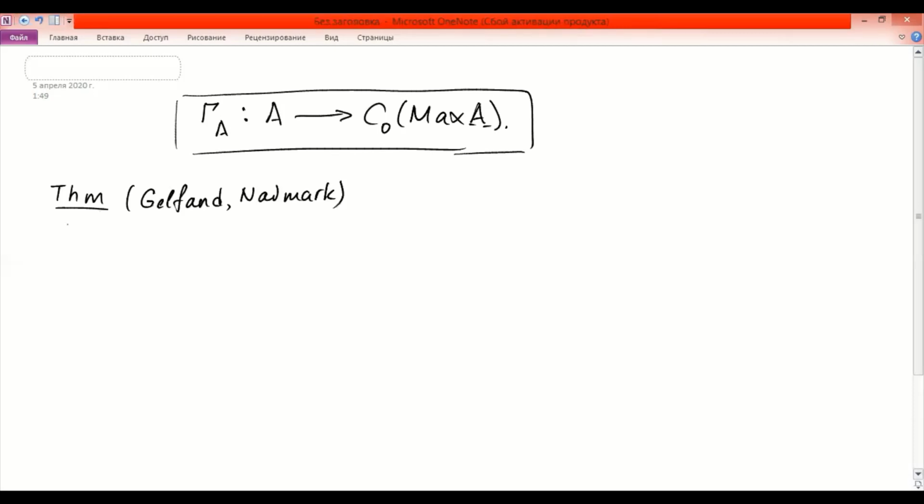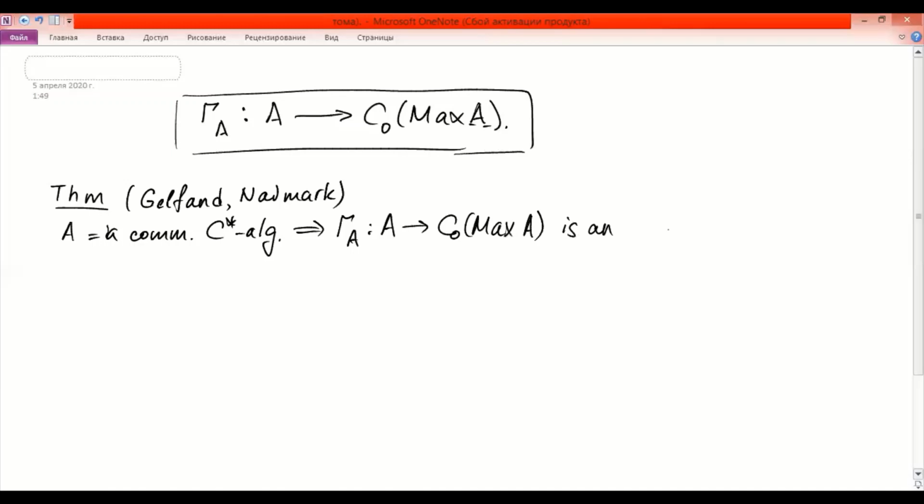If A is a commutative C-star algebra, then the Gelfand transform of A is an isometric star isomorphism between A and the algebra C0 on the maximal spectrum of A. So this is the general form of the commutative Gelfand-Naimark theorem.